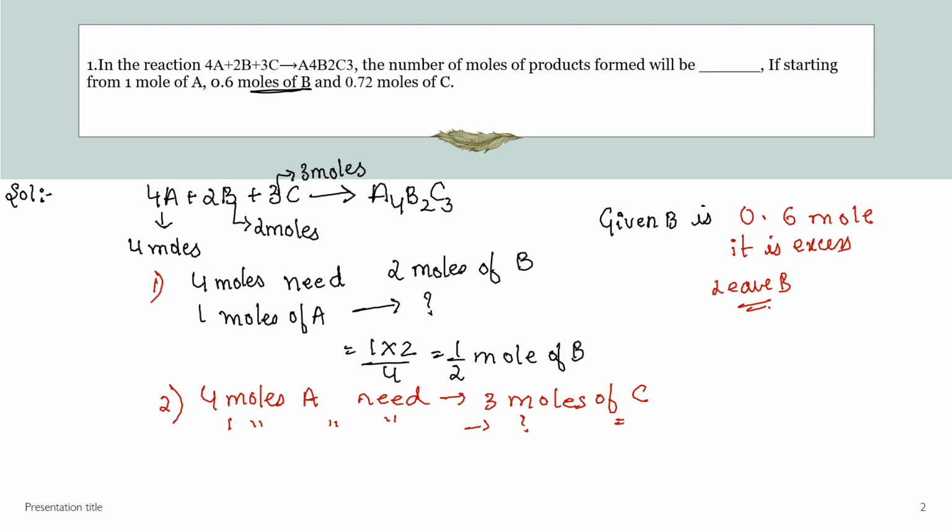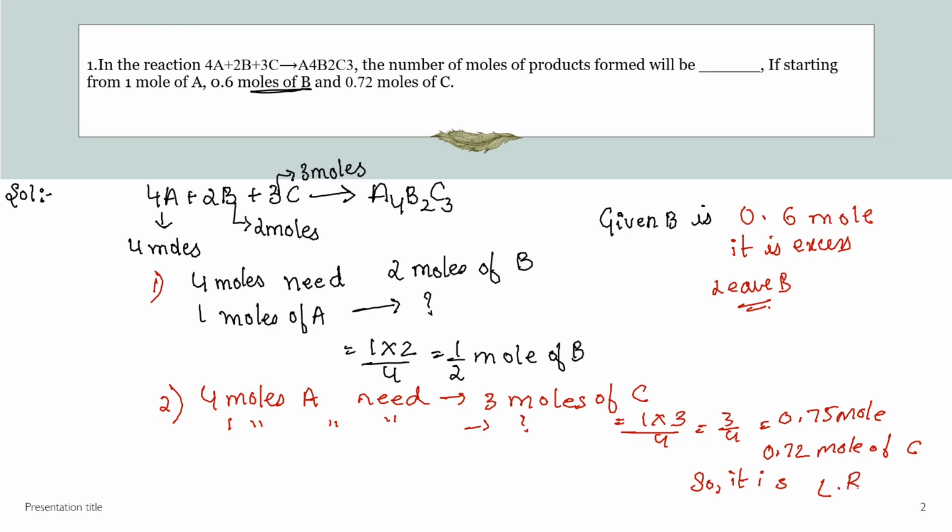By calculating it, 1 by 3 and by 4 gives you 3 by 4, that is 0.75 mole. Then in the question, 0.72 moles of C is given. So the limiting reactant is C.